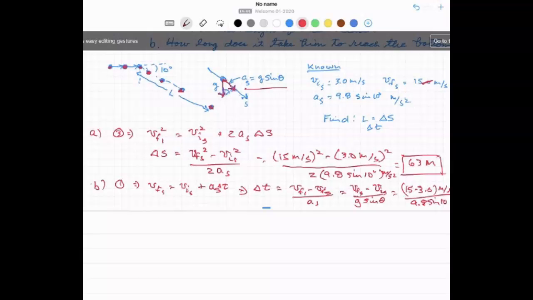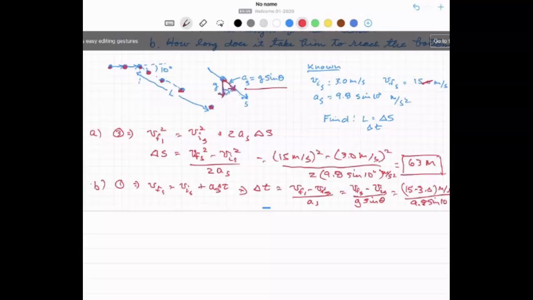So the second squareds cancel out, and we end up with meters. And in this calculation for delta t, we're going to have meters per second in the numerator, meters per second squared in the denominator. The meters will cancel out, and we'll end up with seconds in our answer.